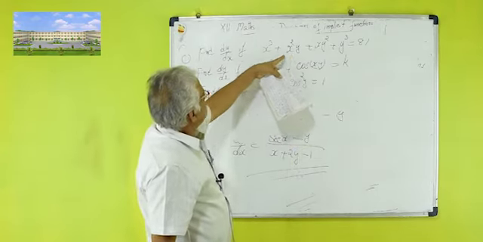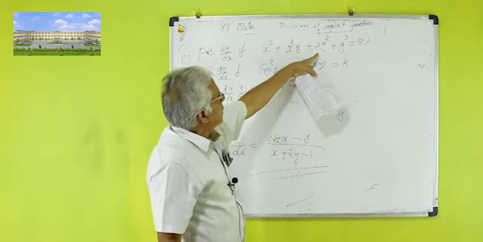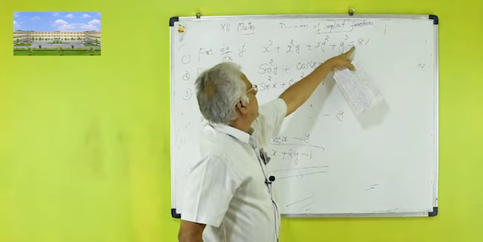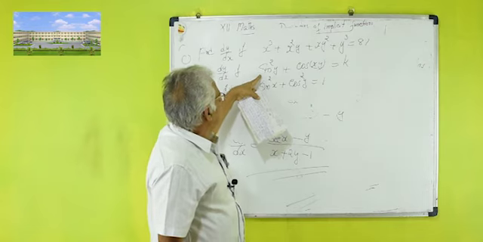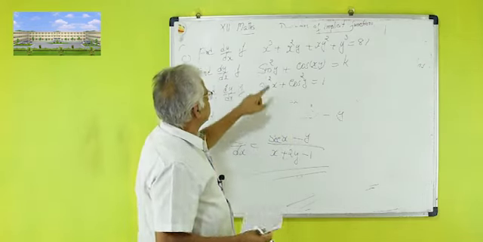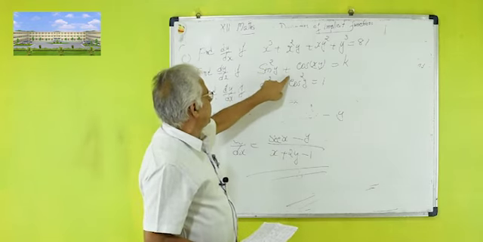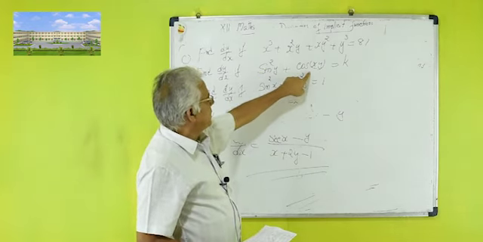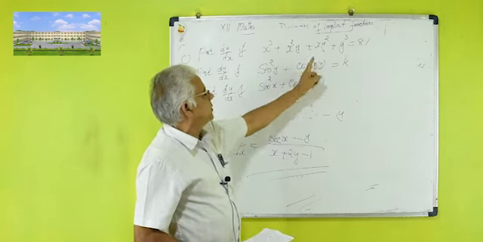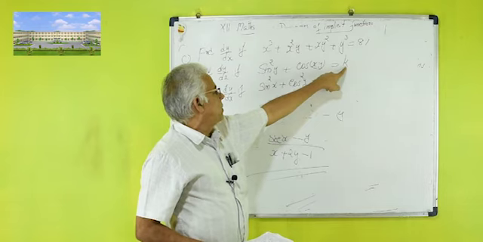Hints: in the first, the second term is a product rule, and the derivative of y³ is 3y² into dy by dx. Here, for sin² y, the derivative is 2 sin y cos y into dy by dx. Here, the derivative of cos of xy is minus sin of xy into dy by dx of xy, which is a product rule. The derivative of a constant is 0.